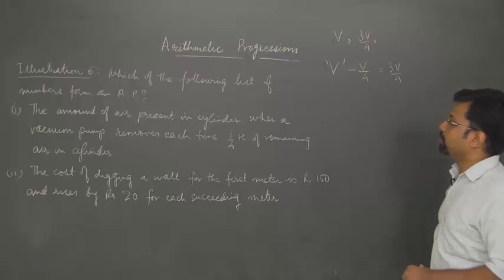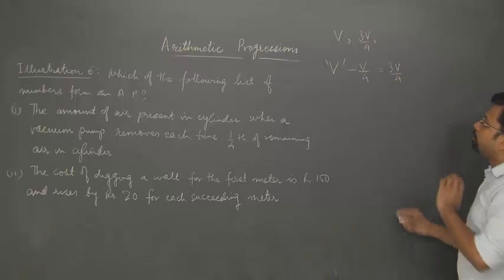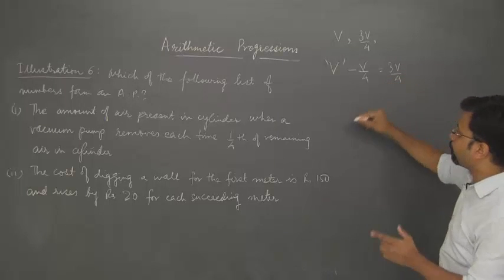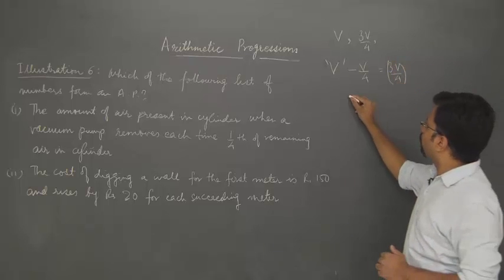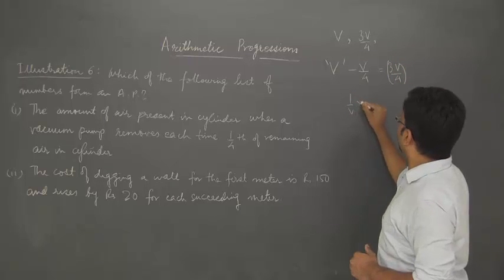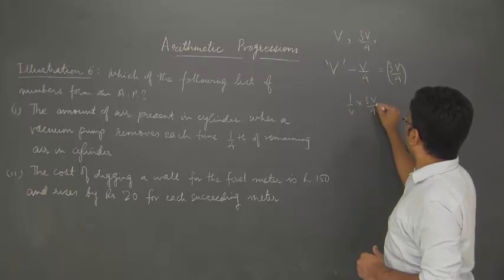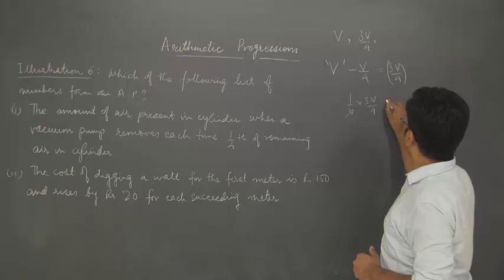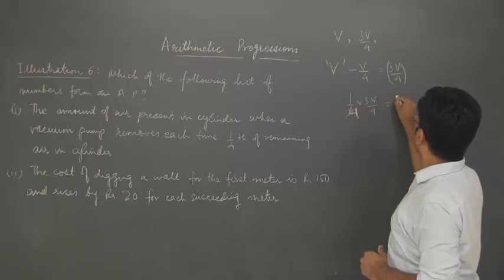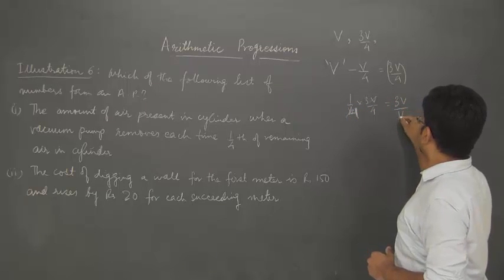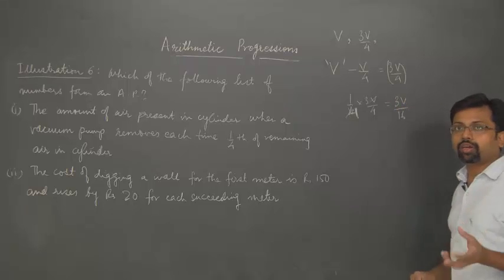Now we again take this and we take out 1/4 of the air. So this is the air that is there. 1/4 of 3V by 4 would be how much? It will be 3V by 16. So what will be the amount of air remaining in the cylinder?